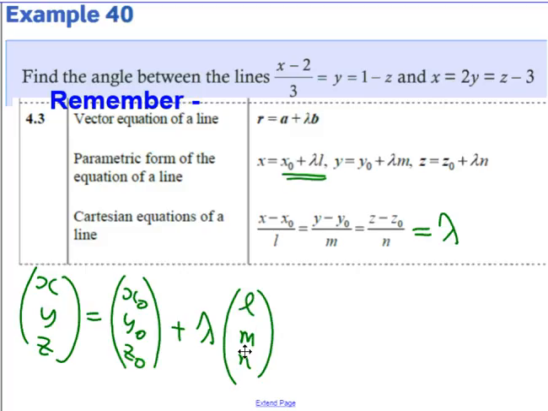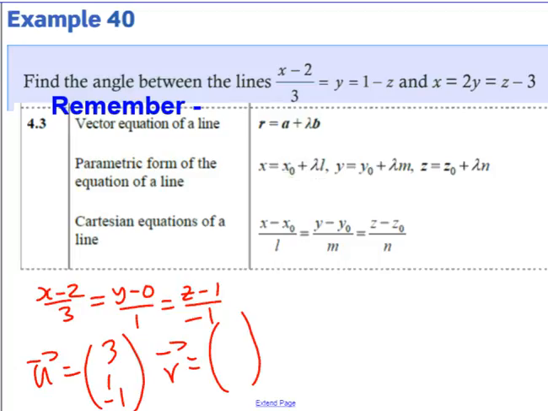So with example 40, the first job is to write the equation of the line in this form, because then you can just read off L, M, N as the direction vector. Maybe you should pause for a second to try and write that down. There's the first one.